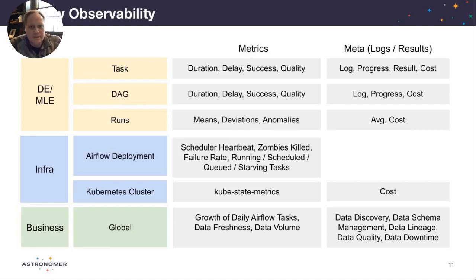You can't really get to that very easily today. Astronomer and Unravel and others have built nice dashboards to watch the infrastructure layer. But I'm going to focus most of my attention in this presentation on what I consider higher level concerns, which I've labeled business here. But really, the concerns cut across all the roles and responsibilities.